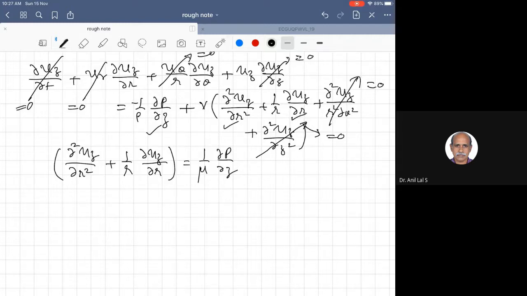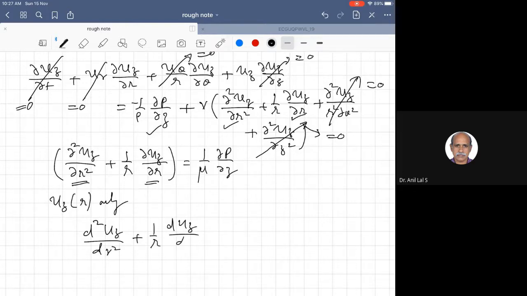We also know that uz is not a function of theta, and is not changing with z because of the developed flow, so it is a function of r only. So these derivatives become total derivatives. You can write d squared uz by dr squared plus 1 by r duz by dr is equal to 1 by mu dp by dz.